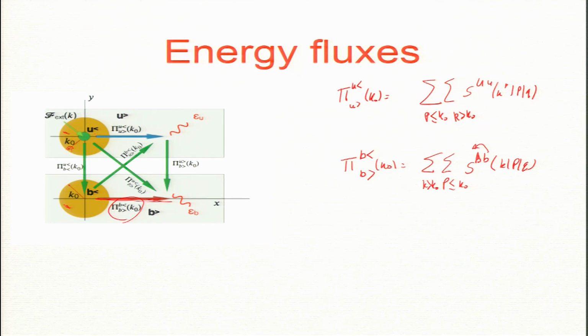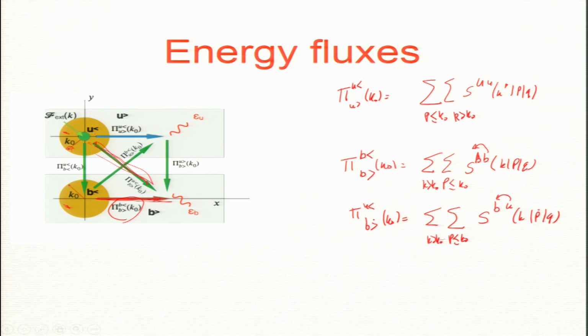You can define from, let us say this one, this guy, U less to B greater. So, what is that? Pi U less to B greater. So, now what should I use now, please tell me? Yes, SBU, U is the giver to B receiver, k p q, p less than k naught, k greater than k naught.